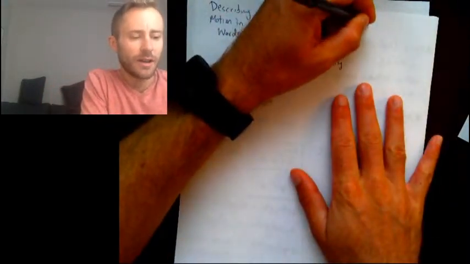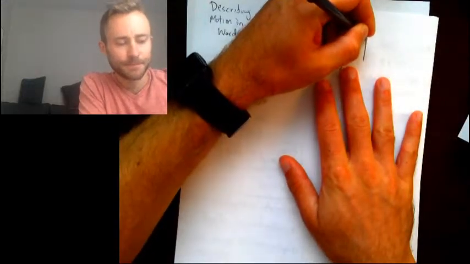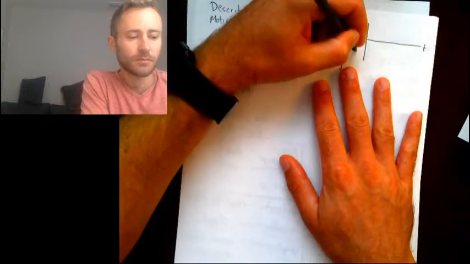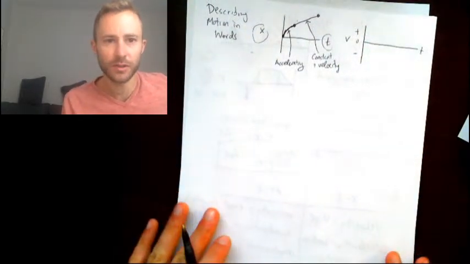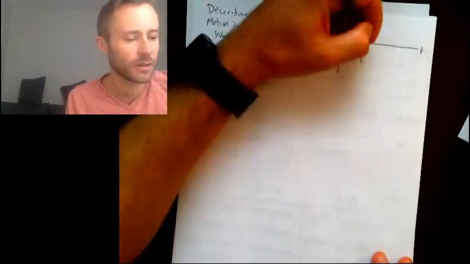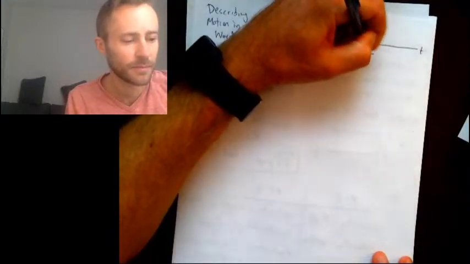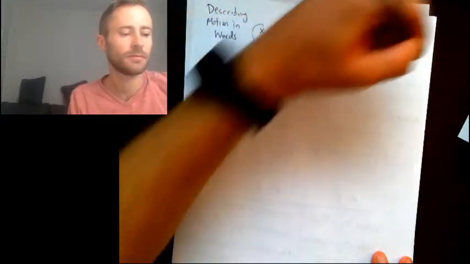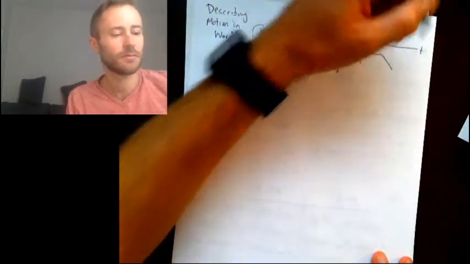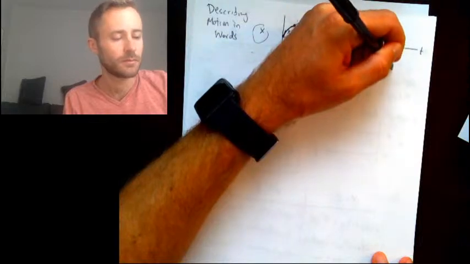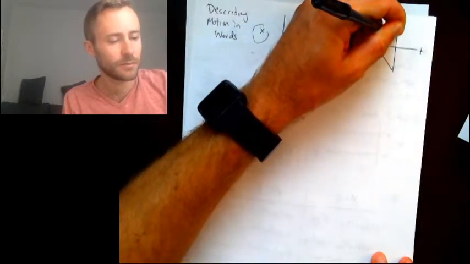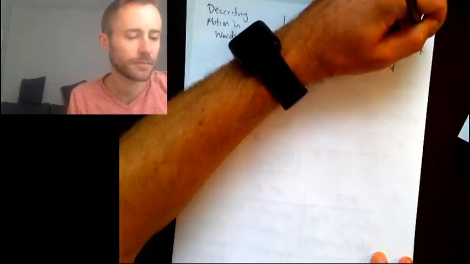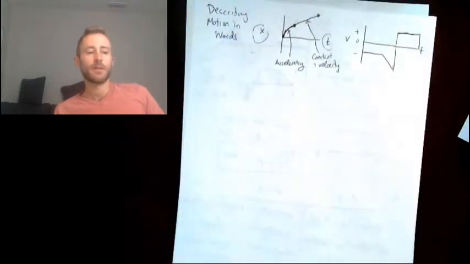What if you had a velocity time graph, and what if that velocity time graph looked something like this? Okay.